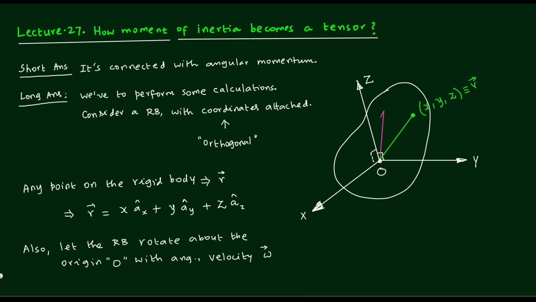Okay, so this vector corresponds to the right hand screw rule that you have to apply. Symbolically, we can represent like that, a kind of clockwise rotation. That kind of rotation is symbolic, not mathematical. For mathematical representation, you have to go to the screw rule. You have to take a screw and apply it, and then that will tell you the exact direction. So once these diagrams are clear, we can then write down the expression for the angular momentum.